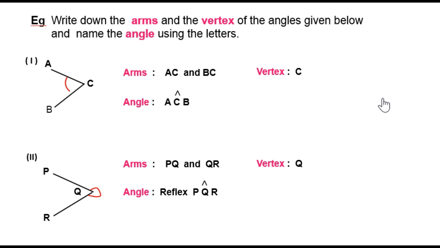You have to write the arms and the vertex. In the first example, there are two arms, AC and BC, and the vertex is C. The vertex is only one letter, but for arms you have to write two letters together. In the second example, which is a reflex angle, the arms are PQ and QR, the vertex is Q. Reflex angle PQR.